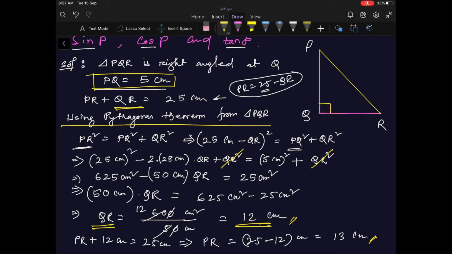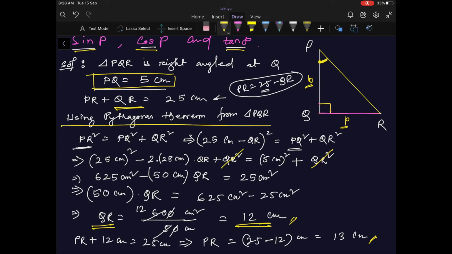So now we can find sin P, cos P, tan P. Now you see, as we need to find sin P, with respect to this angle P, QR is the perpendicular and base is PQ.